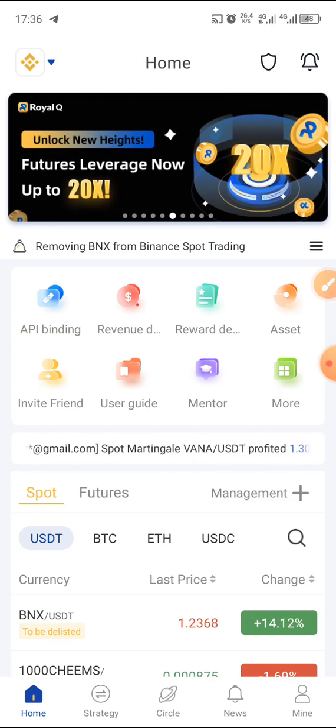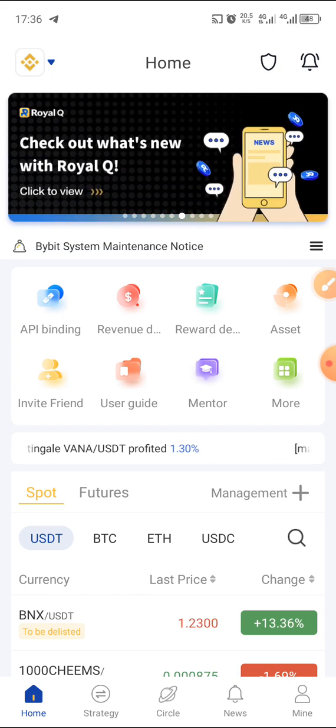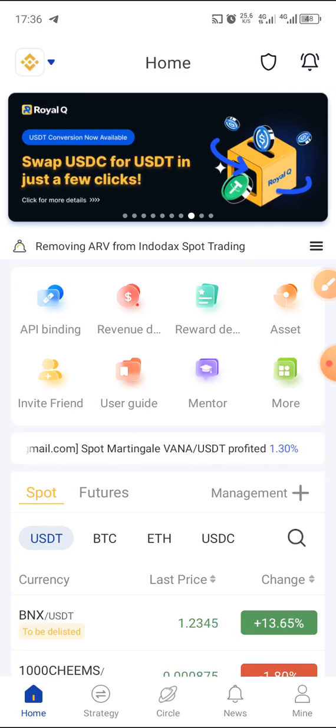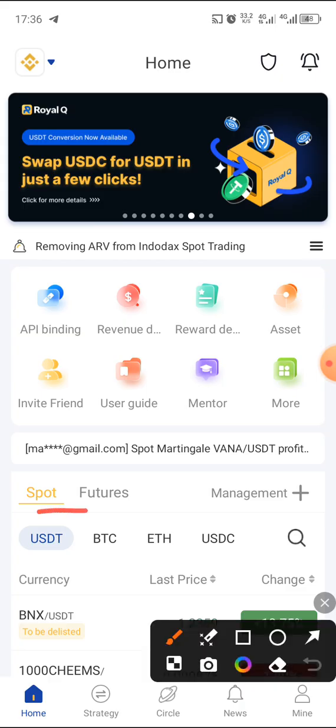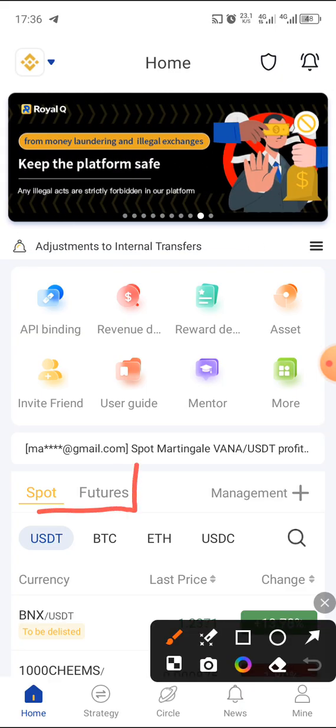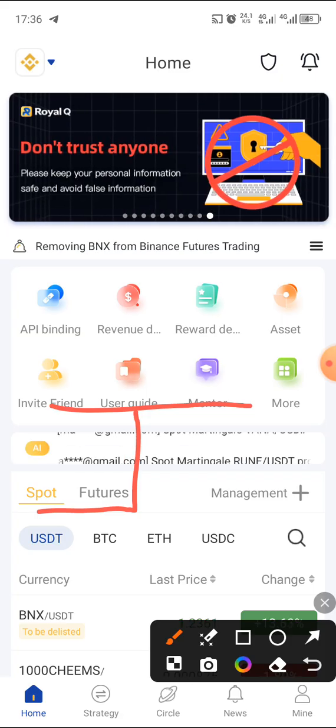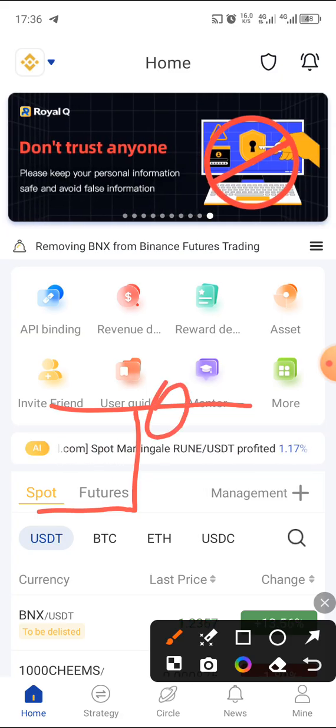Two instructions we can give to our robot to operate. Like, we have the cycle mode, where when you enter a trade, prices rise, the robot sells, and it buys again. Prices rise, it sells again.